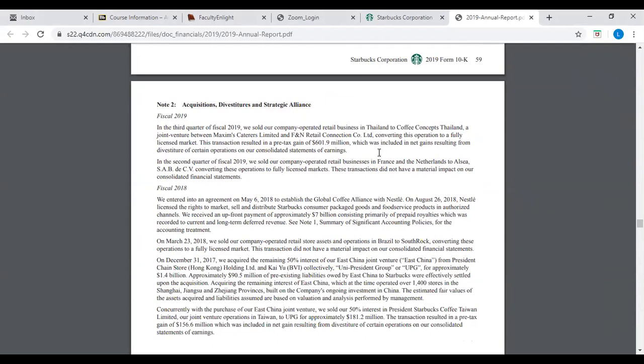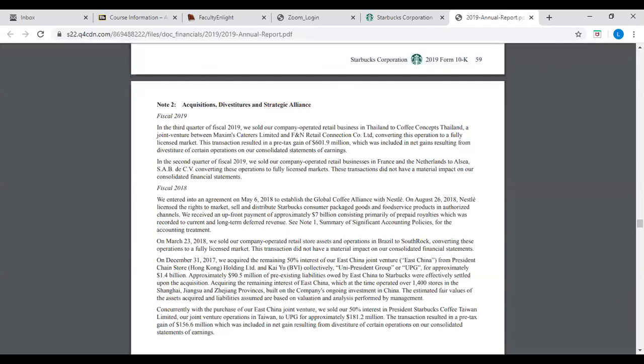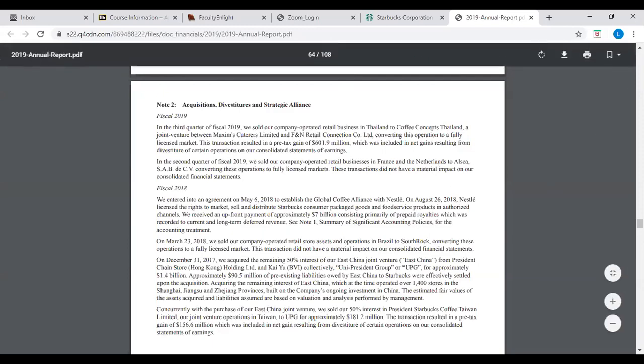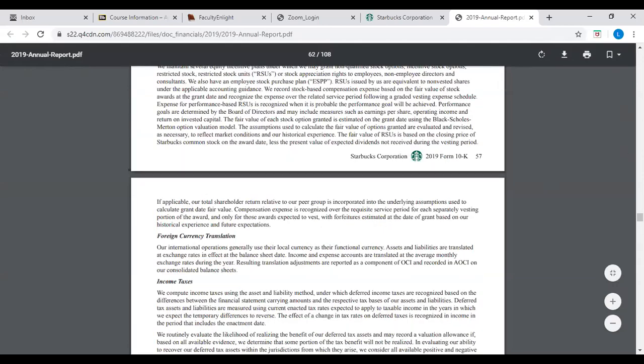So they reduced some of their equity method. And then they bought some stuff, it looks like, in France and the Netherlands. So you can always go out to Starbucks and read about that. But know this is happening, and that companies do own more than 50% of the others, and we actually do the accounting this way. While I'm on here, let's go back up to the balance sheet.